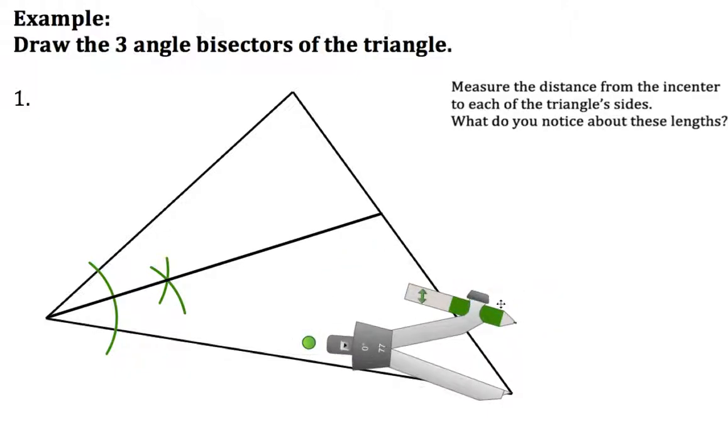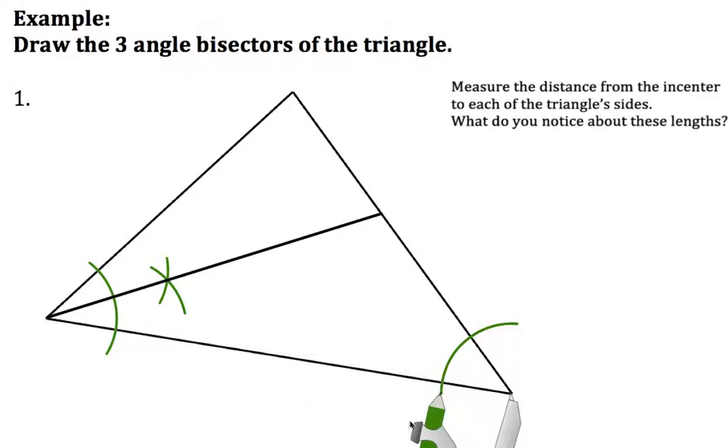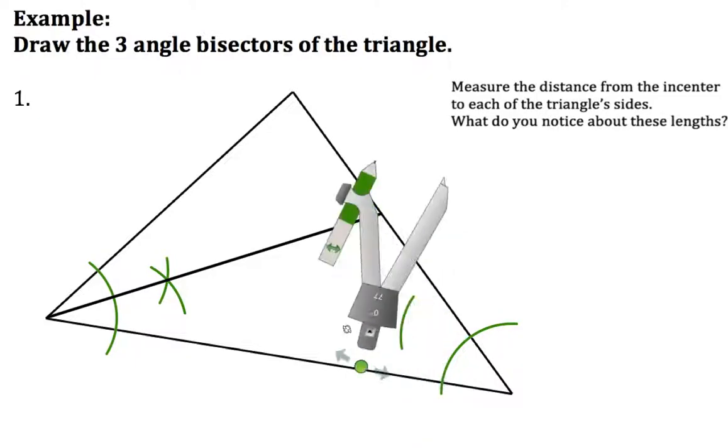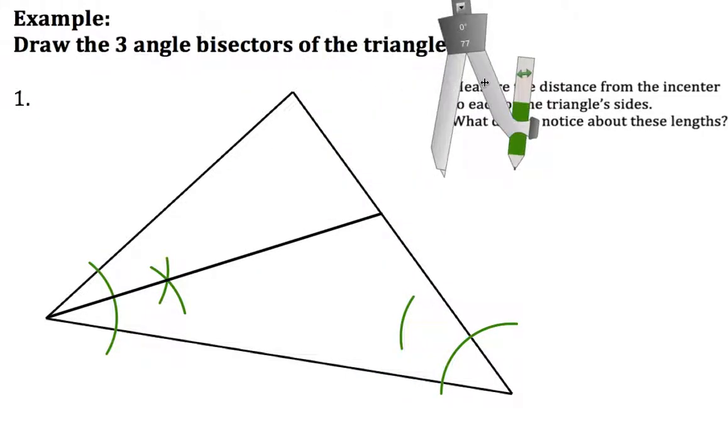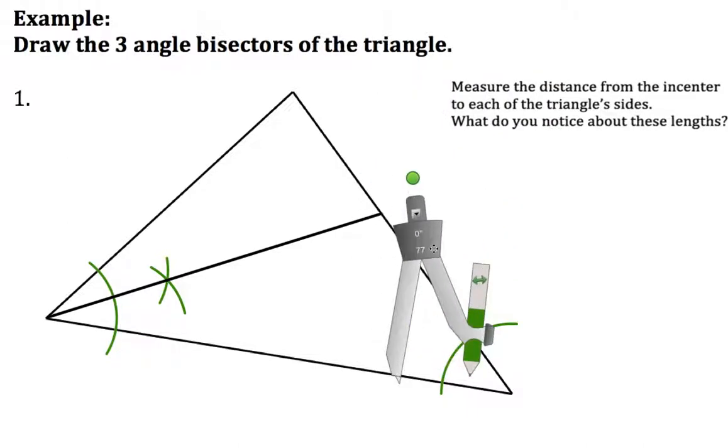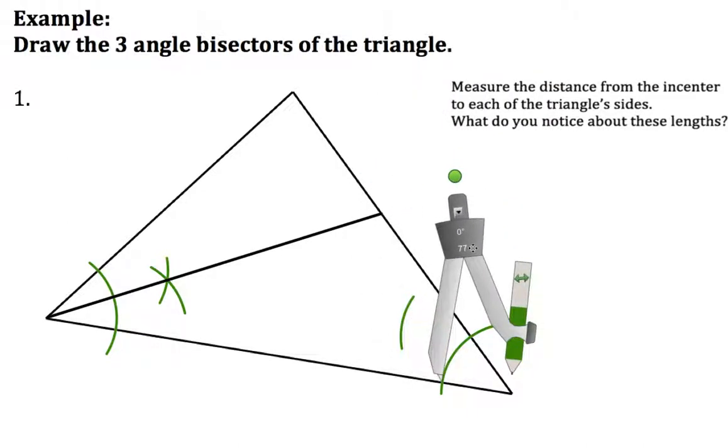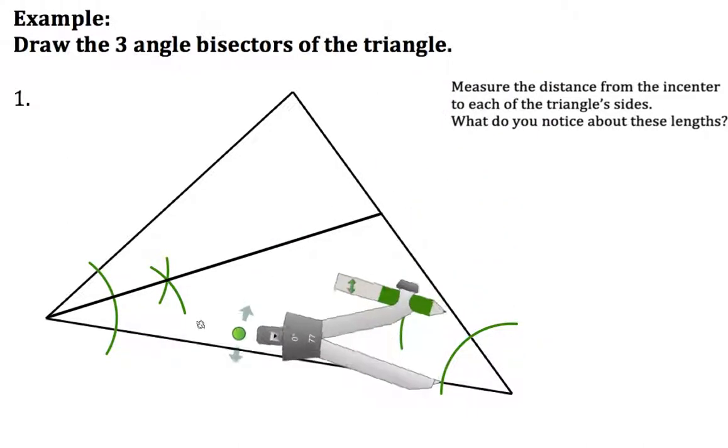So we're going to take the compass, draw an arc here, move it. So we put that point on that side, draw a little tick mark, move it to the other side. I'm going to spin this around so we can actually see what's going on here. Right, so we put the point on this side now.